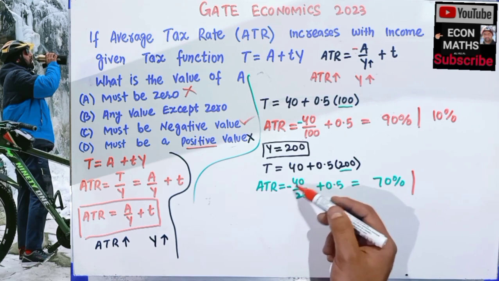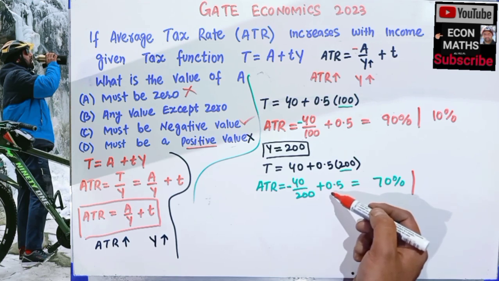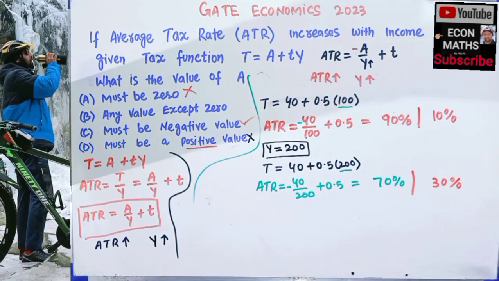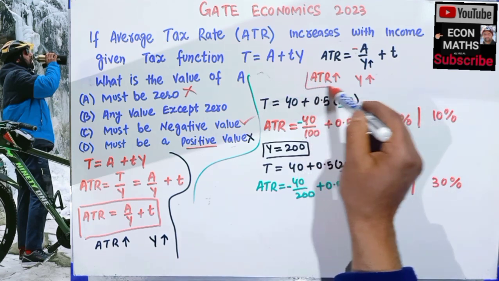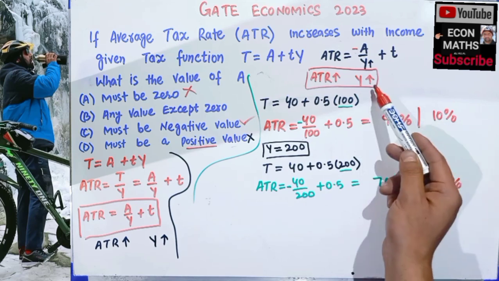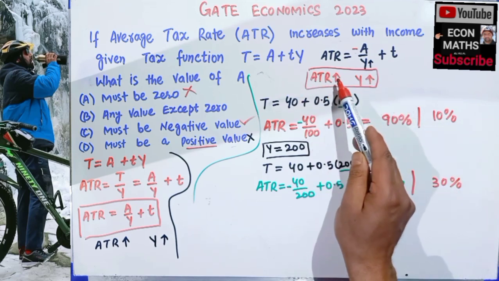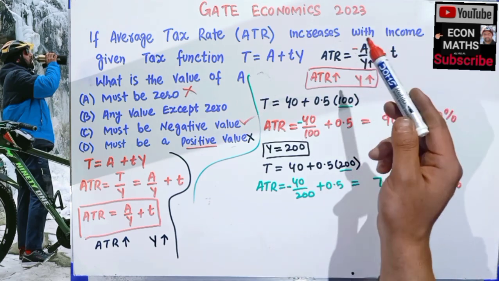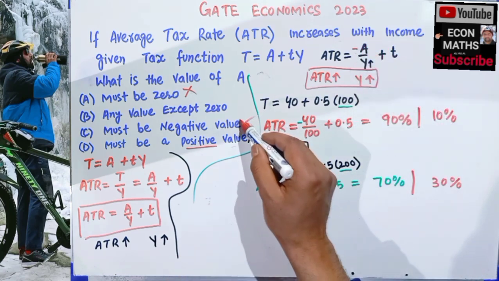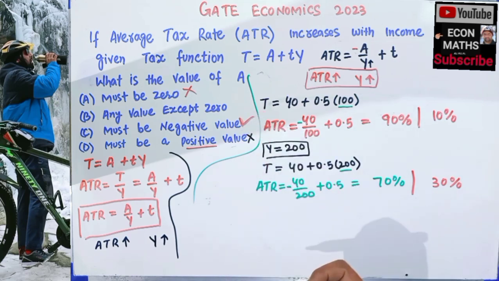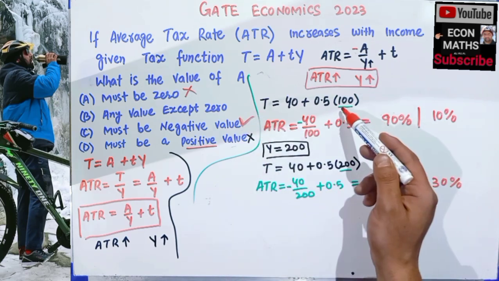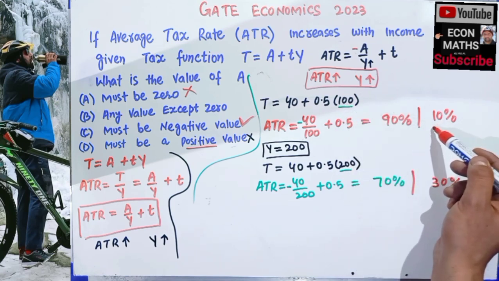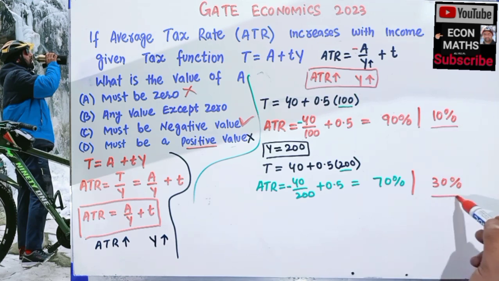So negative 20% plus 50% comes out to be 30%. So if this relation is to be maintained, that if income increases and average tax rate also increases, then the value of A should be negative. So the correct option should be this negative one. And here we have seen when income increases from 100 to 200, average tax rate has increased from 10% to 30%.